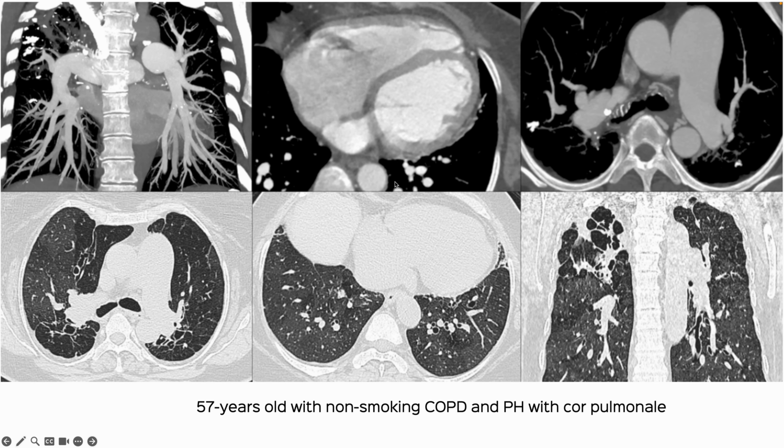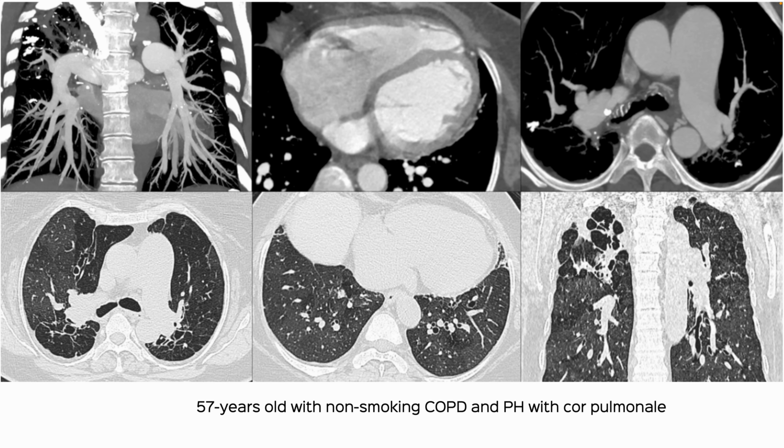I mean, here is a patient who has obvious MPA dilatation, the RV is dilated, and the patient has non-smoking COPD, post-tuberculosis lung disease or PTLD, extensive volume loss in the upper lobes, fibrocalcific lesions, patchy air trapping, all of this put together. We don't make a difference.